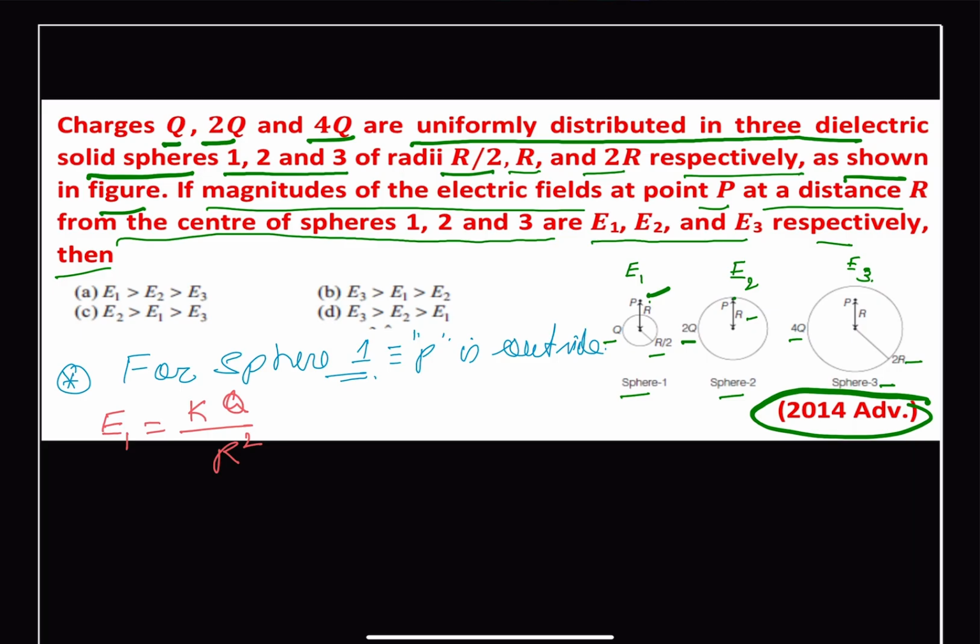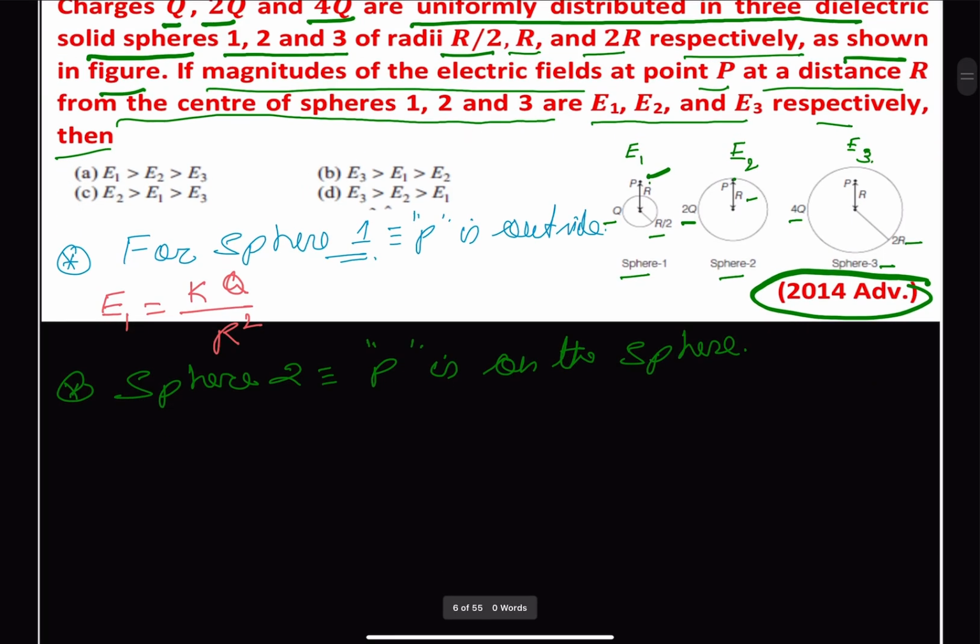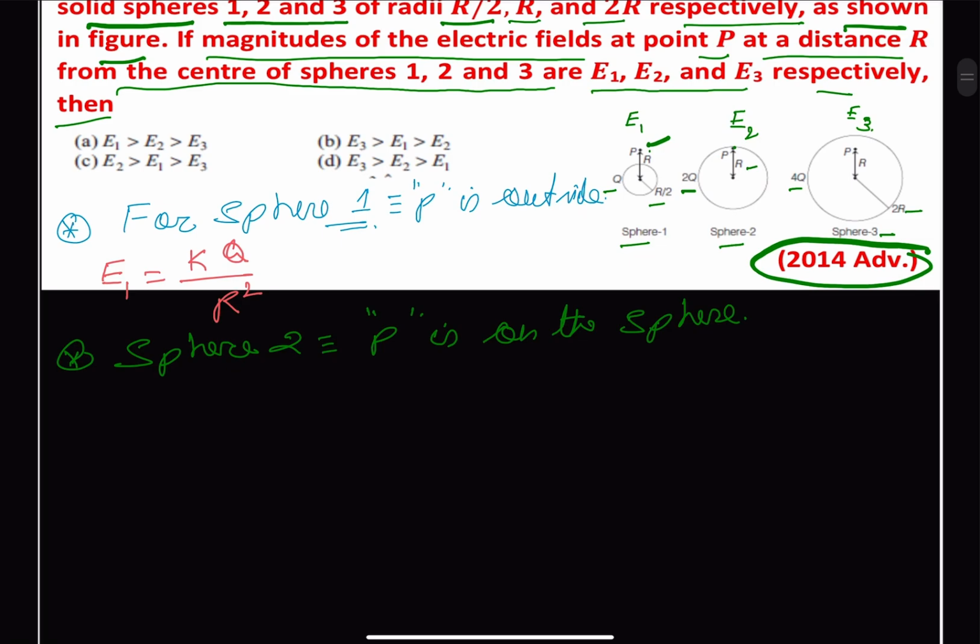Now we come to sphere 2. P is on the sphere, and here the charge is 2Q.